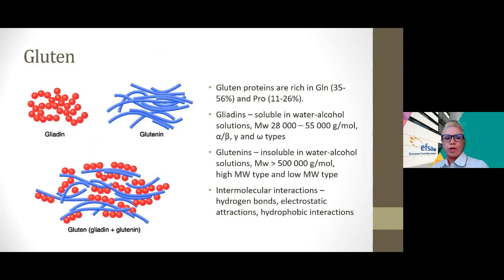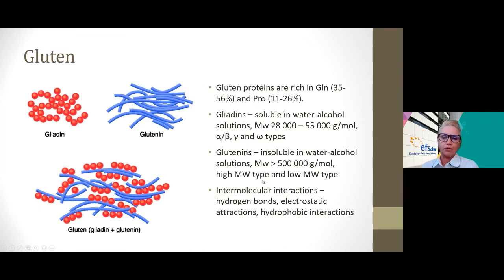Gluten is a generic name of wheat proteins. There are two fractions of gluten proteins, gliadins and glutenins. Gliadins are water-soluble proteins. They are short-chain proteins. There are four fractions of gliadins: alpha, beta, gamma, and omega. Glutenins are water-insoluble.